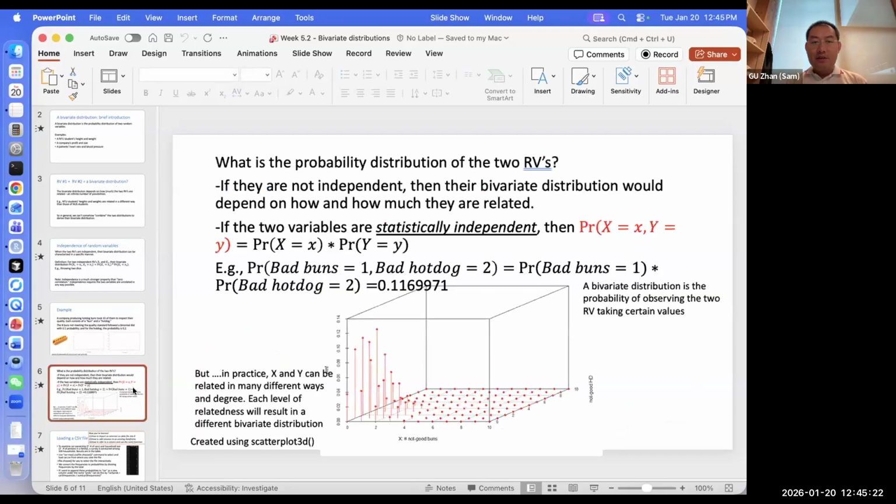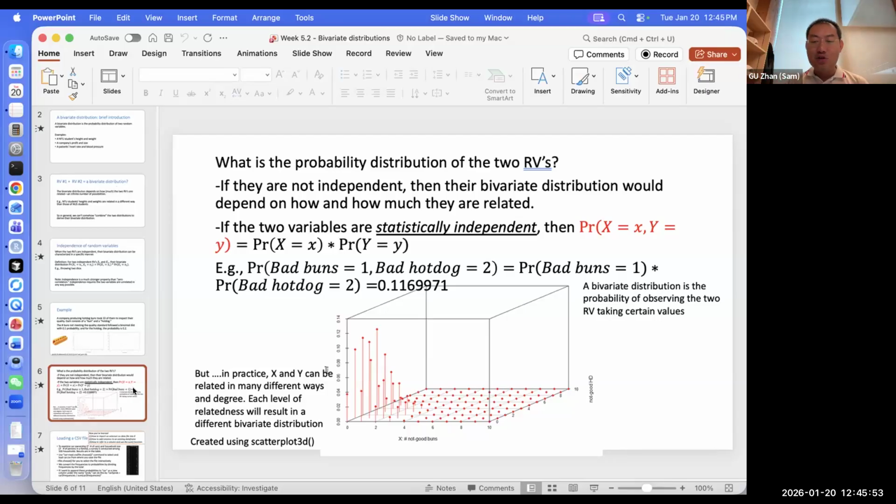Recall that. So next is, what is the probability of the two random variables? They are joint random variables, with the assumption that the two are independent. So the number of defects you can detect from the bun is independent of the number of defects you can find from any sausage. You can think of the two production lines in the factory as totally separated. They are not related.